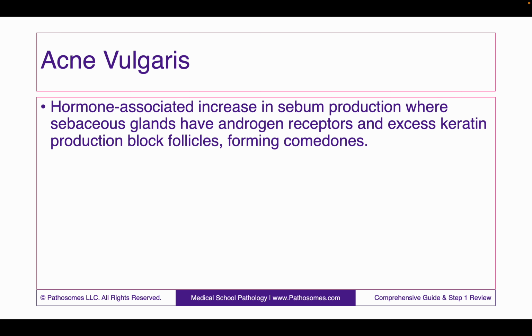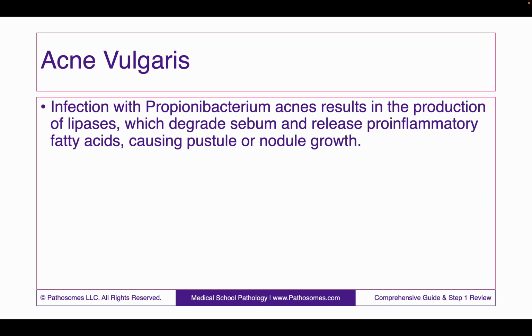Hormone-associated increase in sebum production, where sebaceous glands have androgen receptors, and excess keratin production block follicles, forming comedones. Infection with Propionibacterium acnes results in the production of lipases, which degrade sebum and release pro-inflammatory fatty acids, causing pustule or nodule growth.